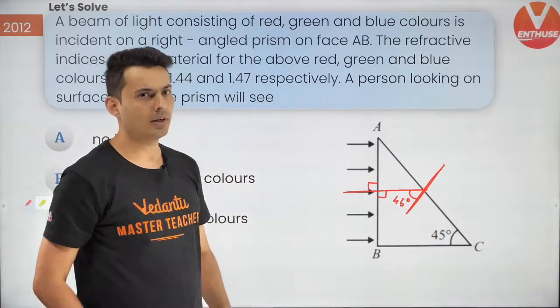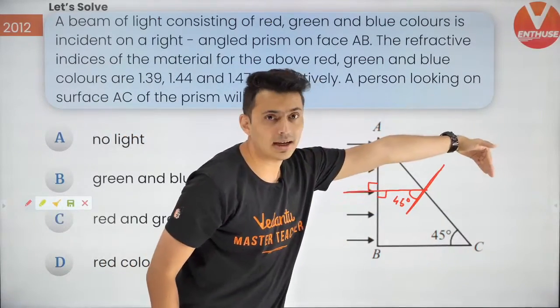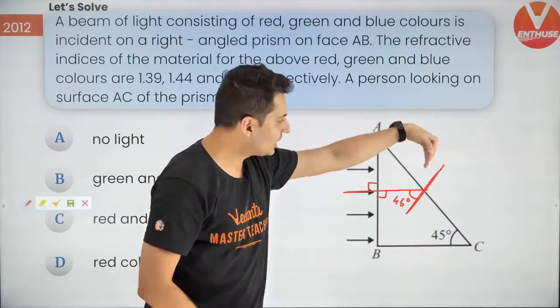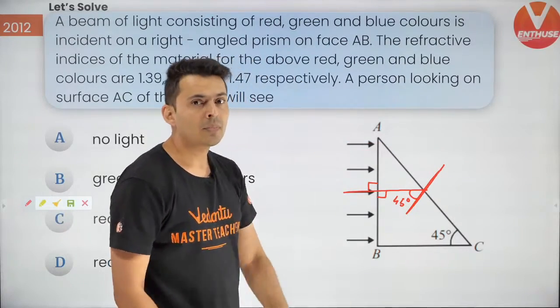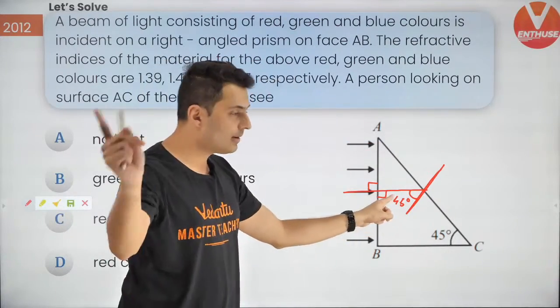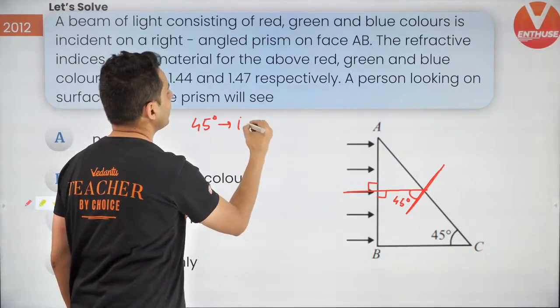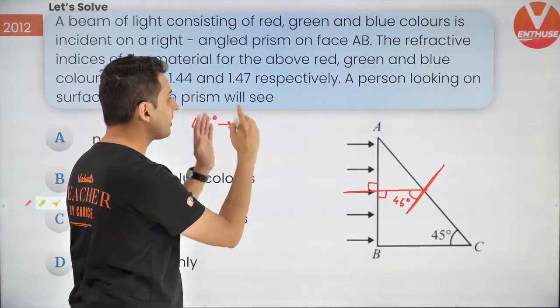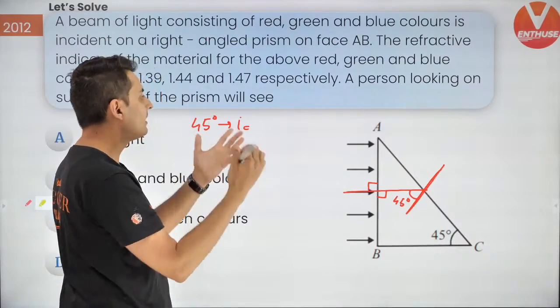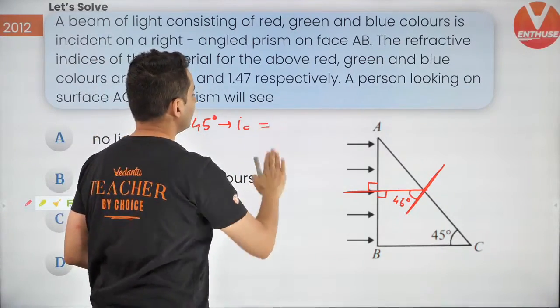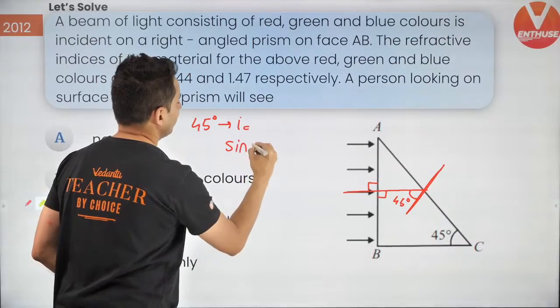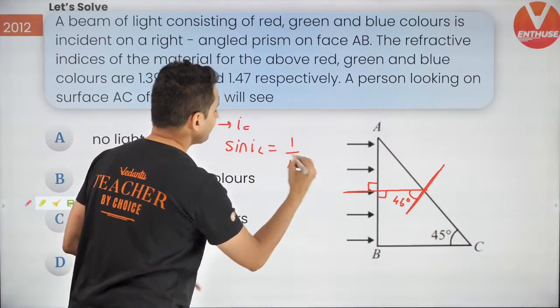Now just think about it. If it does not come on the other side, that means it should get internally reflected. So if 45 degrees is chosen as the critical angle, then what will be the critical refractive index? Let's figure that out. Remember, there is a formula for that. Sine of critical angle is 1 by mu.